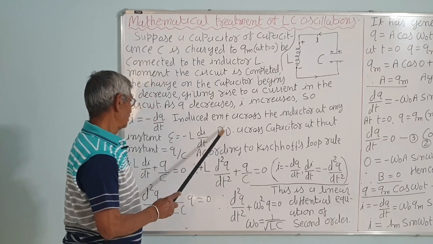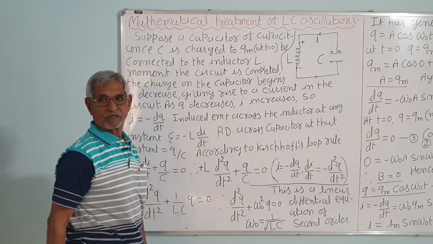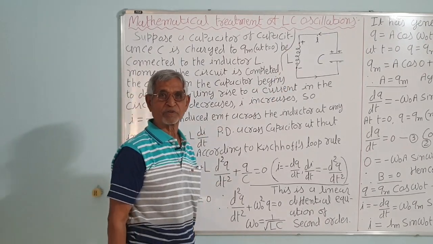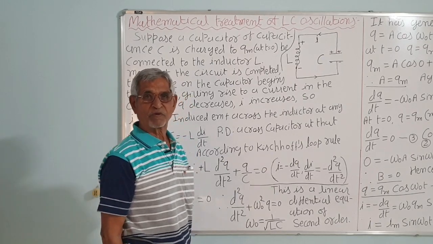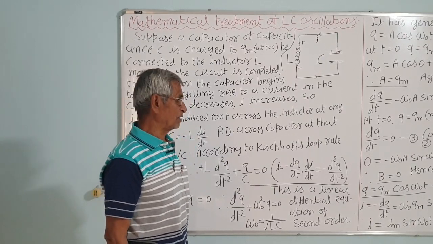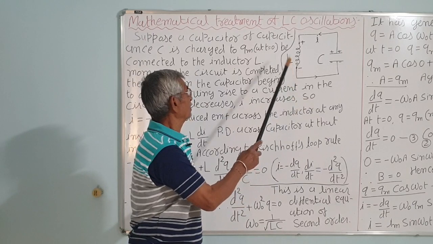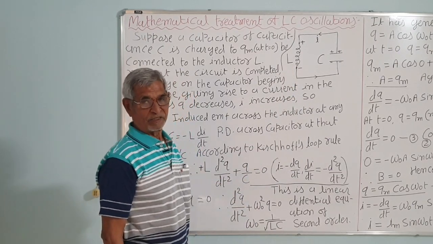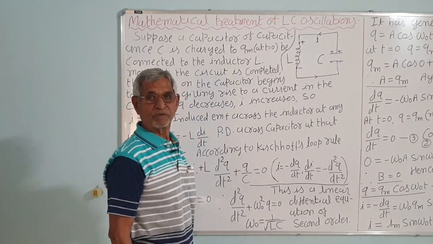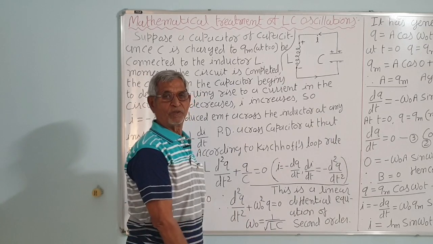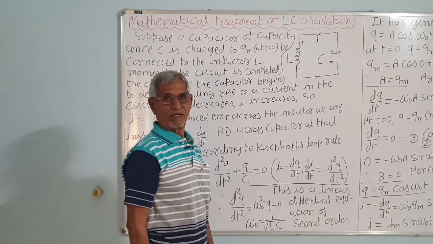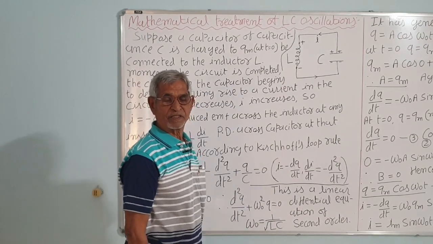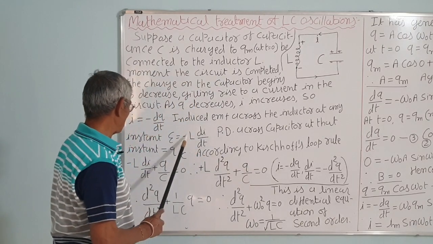We know that the flux is directly proportional to I, so flux phi is equal to a constant called the inductance of the inductor, that is Li. So d phi by dt is equal to the induced EMF according to Faraday's second law, and that is minus L di by dt.